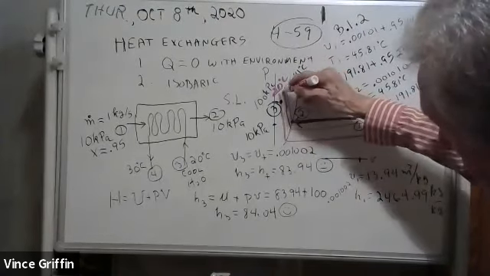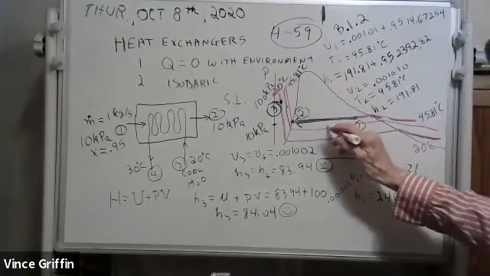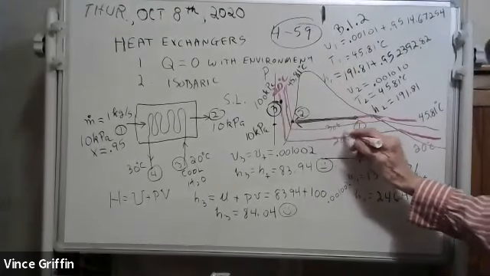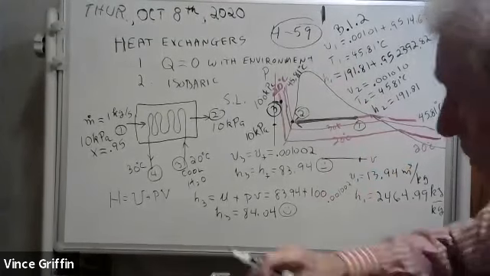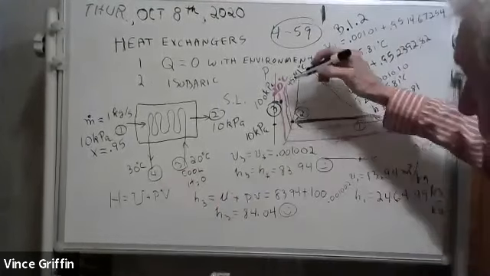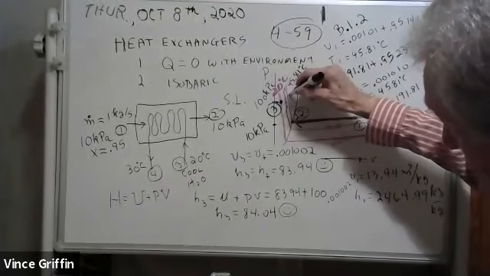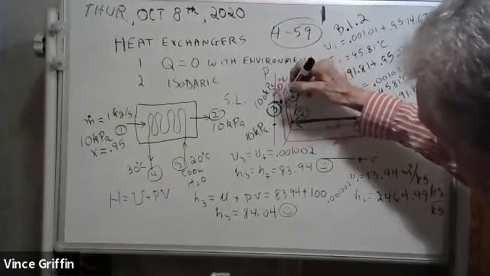It kind of goes through there like that. See, this is your 30-degree isotherm. And this is your 20-degree isotherm. And we know that we're at 30 degrees and 100 kilopascals. So here's state 4. And here's our process.